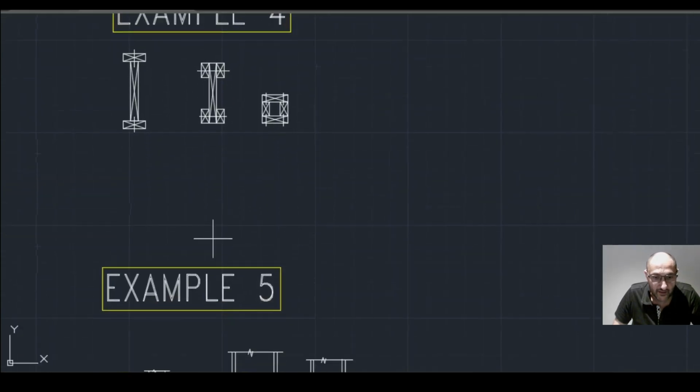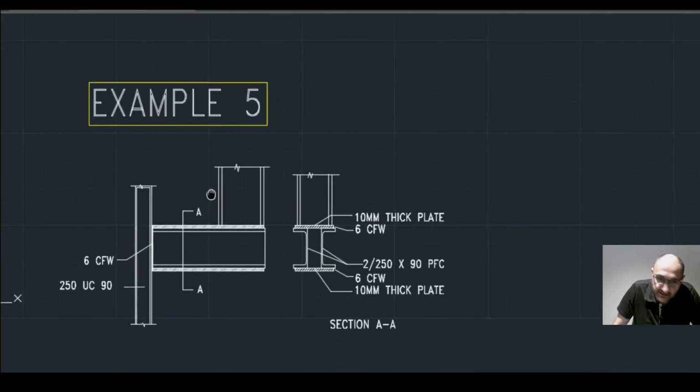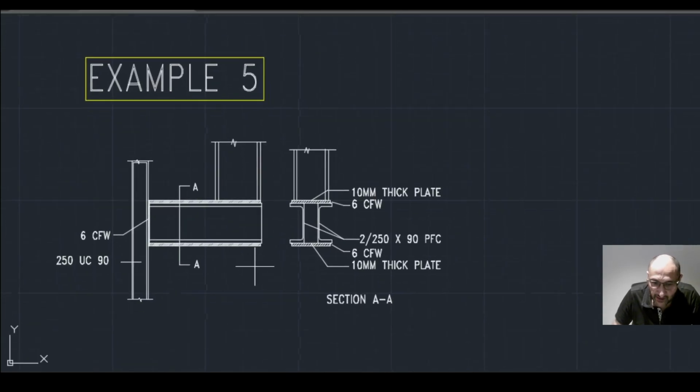Example 5. Yes, example 5 was an interesting one. We have a double cantilevered PFC and welded plates on top and bottom to support a large column from above, as shown here.